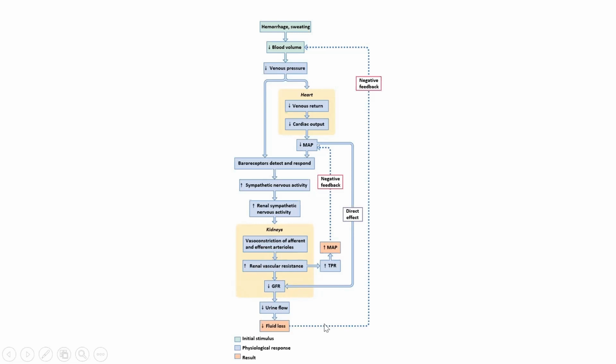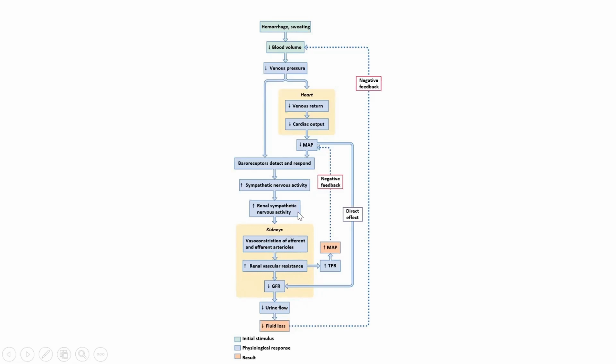And as we drop GFR, we decrease urine flow, we decrease fluid loss. So this is going to correct our initial signal, which is hemorrhaging, dehydration, excess sweating, and things like that. And this is what we mean by that extrinsic mechanism.